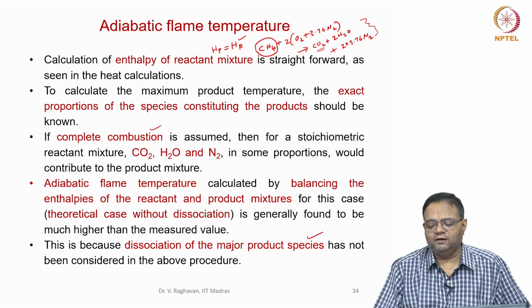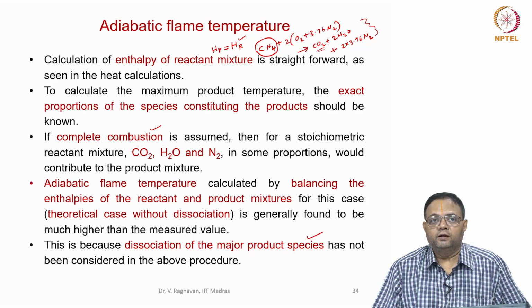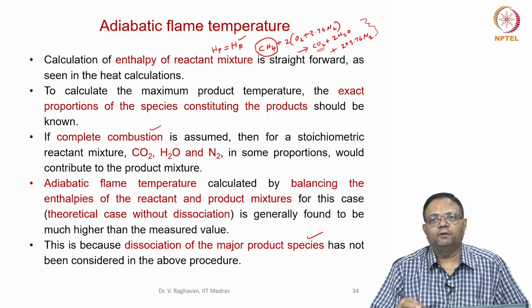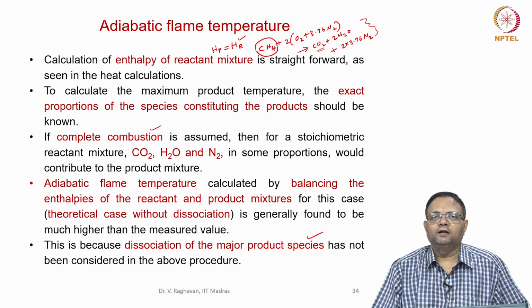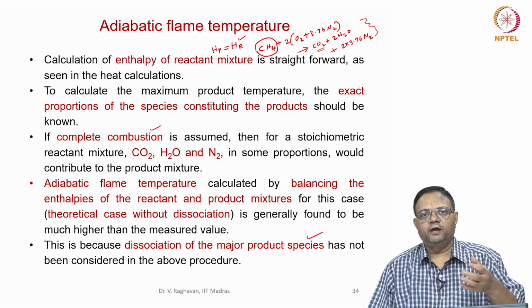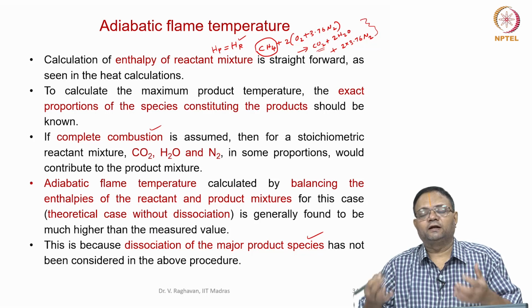In some cases dissociation need not be considered, where you have excess oxygen. The flame temperature itself is reduced because the oxygen is in the products, and it absorbs heat.